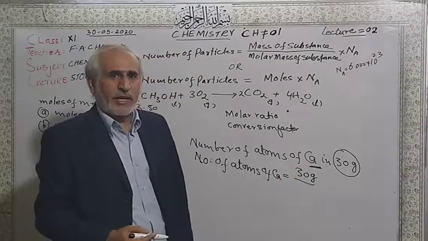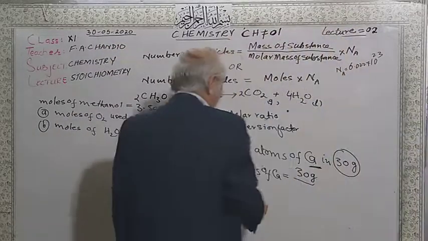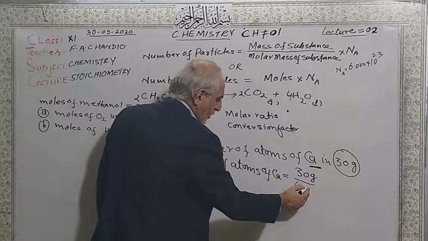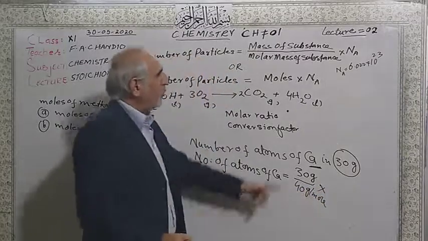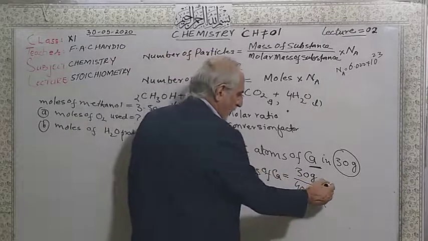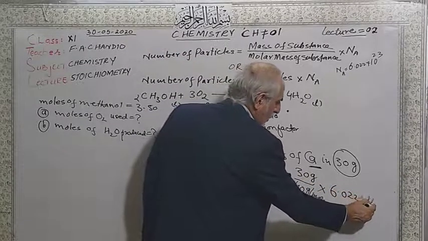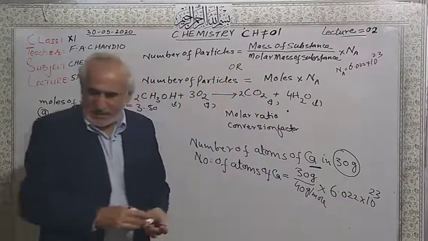The atomic mass of calcium is 40 if you see the periodic table, 40 grams per mole, and according to the formula, multiply by Avogadro's number, 6.022 into 10 raised to power 23. So this is the formula.